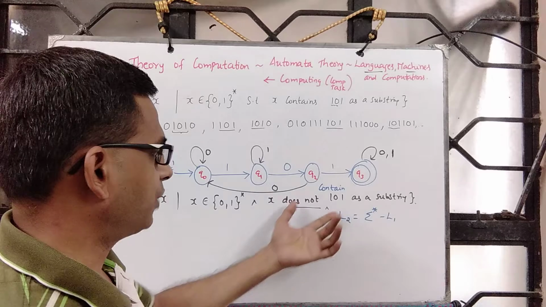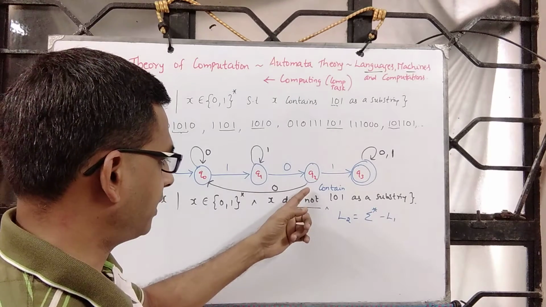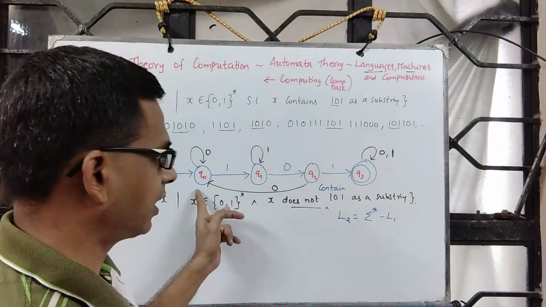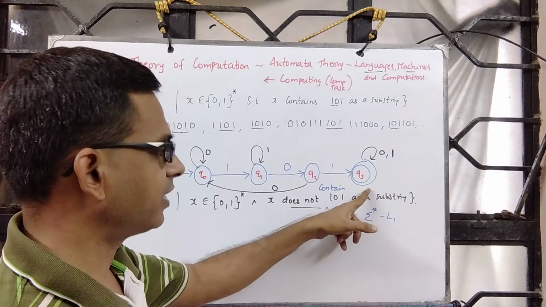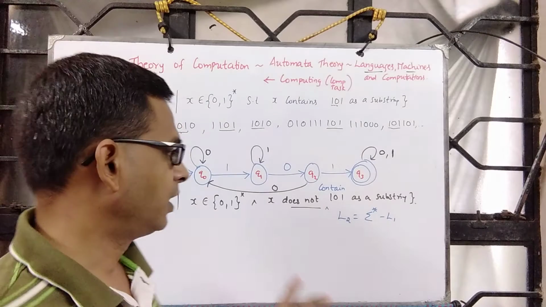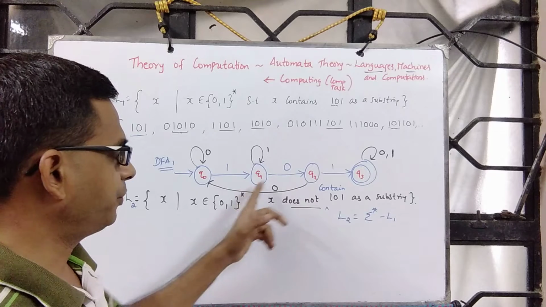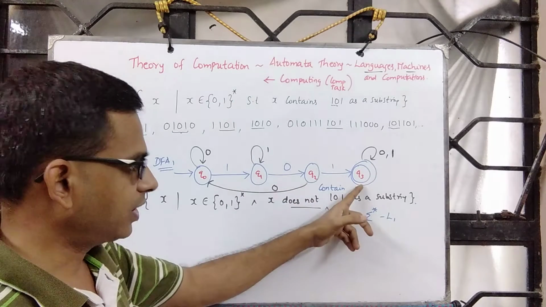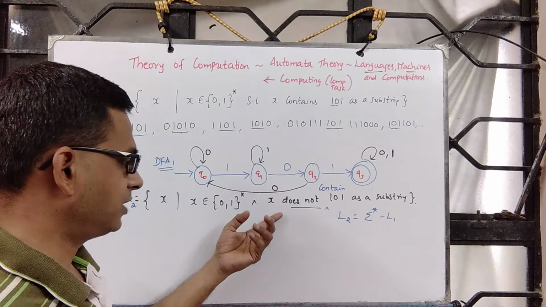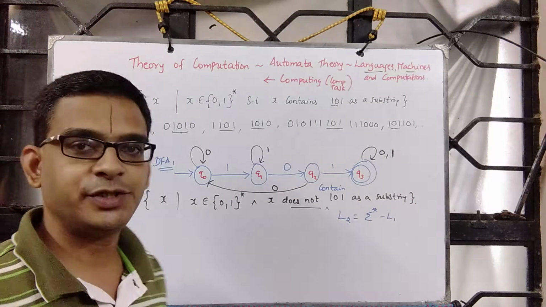So that's precisely what we want. When we talk about L2, we should stop at Q2 or Q1 or Q0 and should not stop at Q3, because if I stop at Q3, I will see 101. So the automaton that I design should terminate at Q0 or Q1 or Q2, but not at Q3. Such an automaton will have this property: strings accepted by the automaton do not contain 101 as a substring.